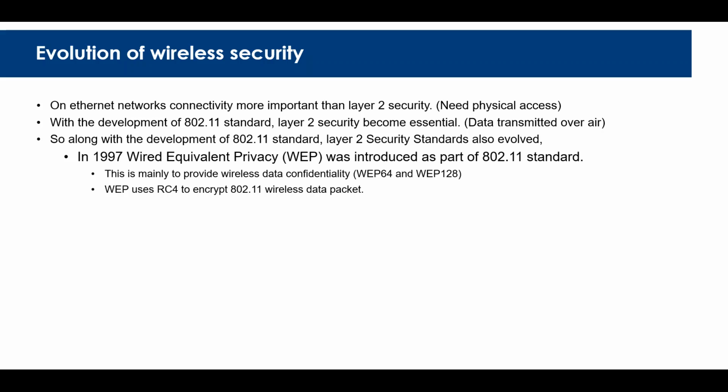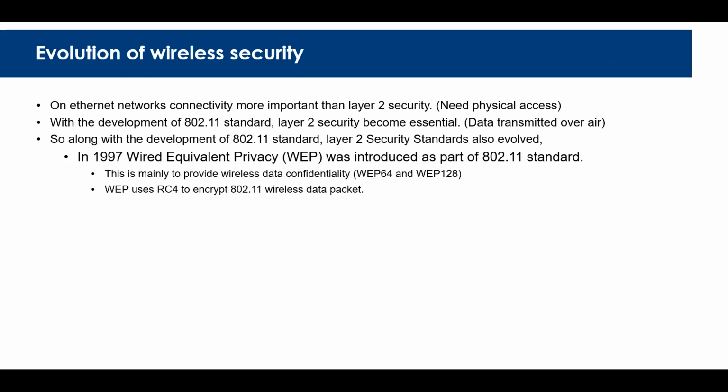This was mainly to provide data confidentiality so that a malicious user will not be able to decrypt the packet without the actual encryption key. There are two implementations of WEP: one was WEP 64 and another is WEP 128. It uses the RC4 algorithm to encrypt the wireless data packet.